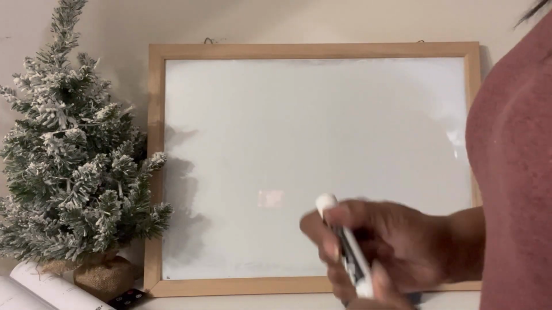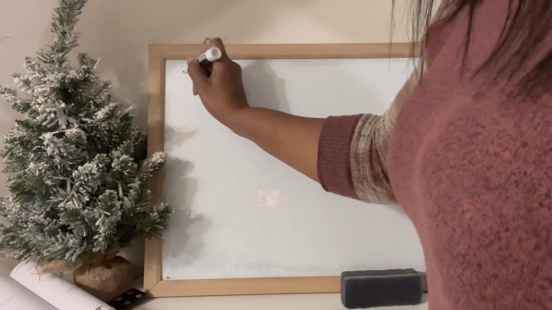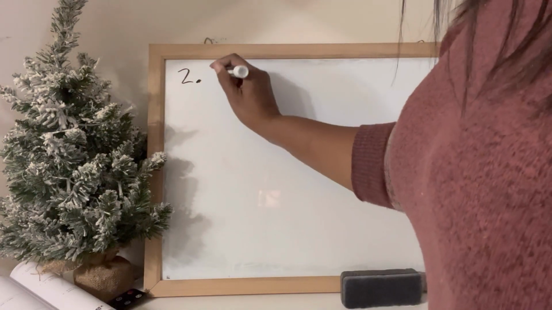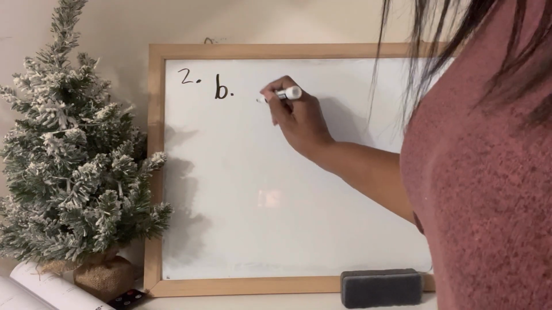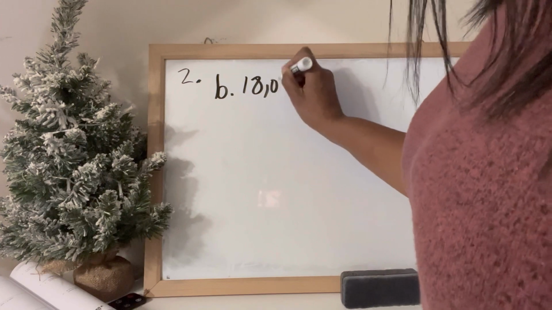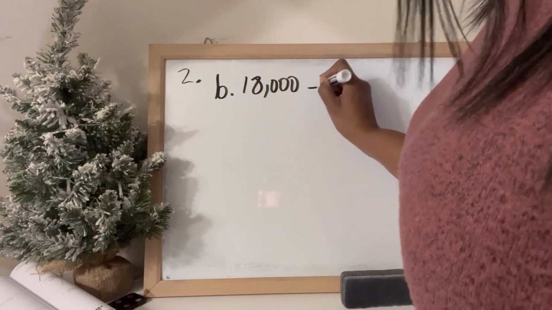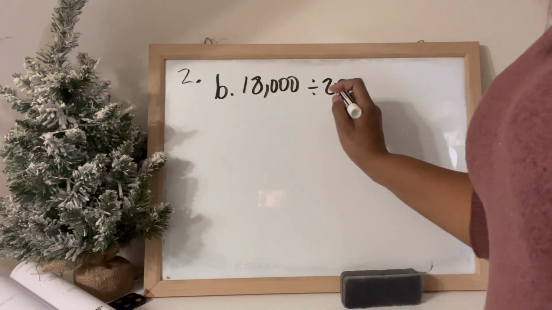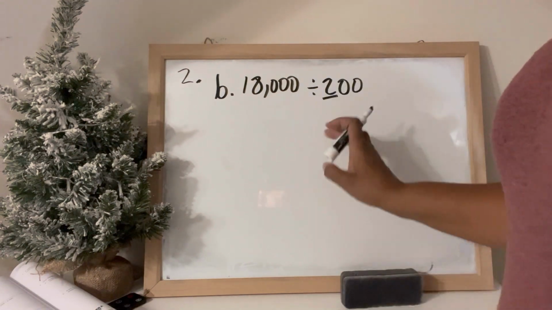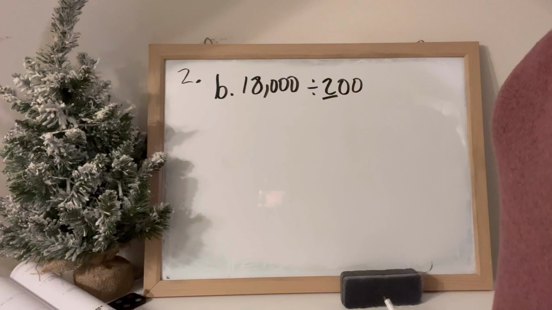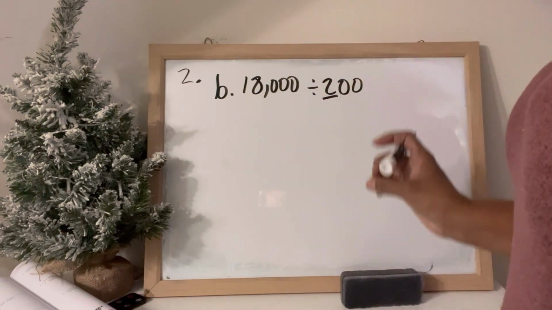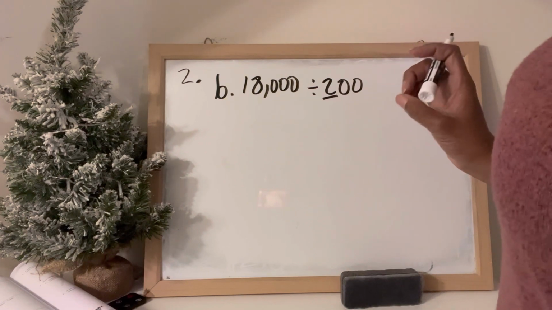So when you get to number 2, it will be a little bit different. So let's say we do letter B. We do 18,000 divided by 200. Now our divisors have a number greater than 1. Like the other divisors, they began with 1. They were 10, 100, 1,000.